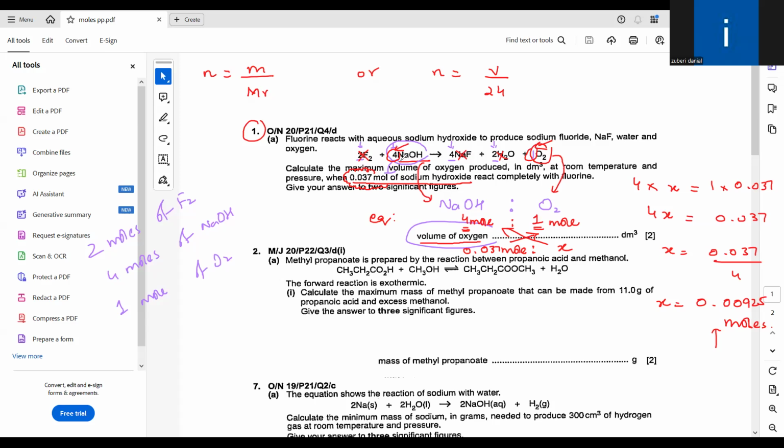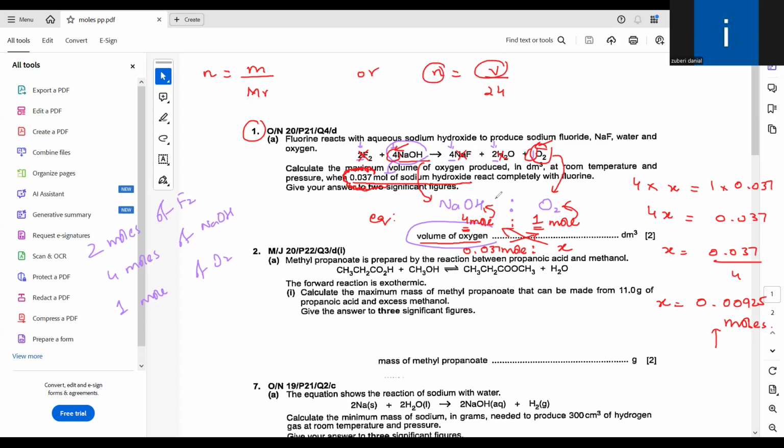So according to the equation, we have 4 moles of NaOH and 1 mole of oxygen. But they wanted us to find out the number of moles related to 0.037. So that's what I did. For 0.037, I did X and then I calculated X. That's this. Now I have moles.